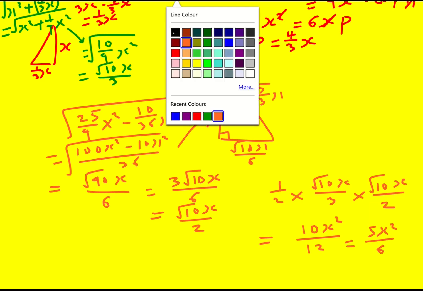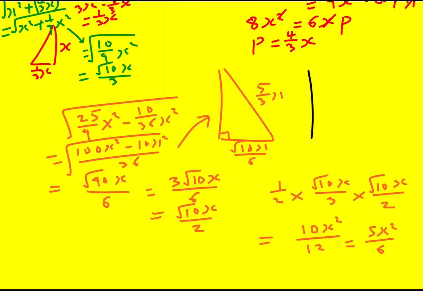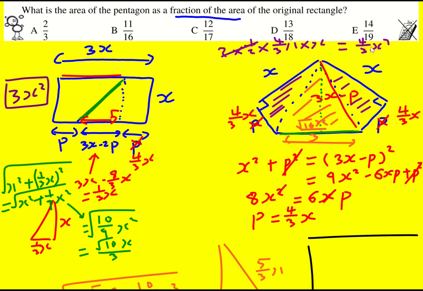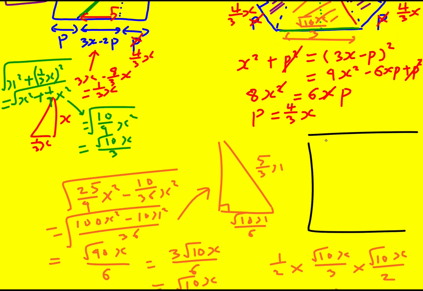And the total area, therefore, is going to be the one I had over here, 4 over 3x squared, plus my 5 over 6x squared. So that becomes 8 over 6, and I'm going to get 13 over 6x squared.